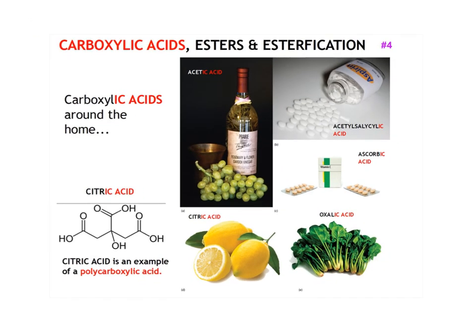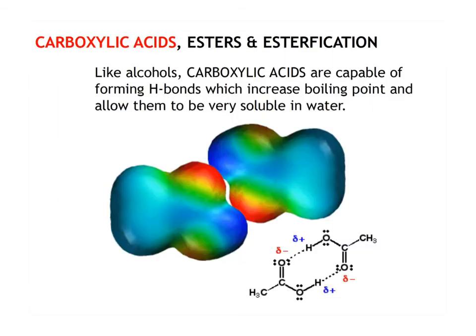Now you can recognize some carboxylic acids around the home by the name. If you see "ic acid," that's a sign that it's a carboxylic acid. So acetylsalicylic acid, acetic acid, citric acid, oxalic acid are all examples of carboxylic acids. Now, like alcohols, carboxylic acids are capable of forming hydrogen bonds.